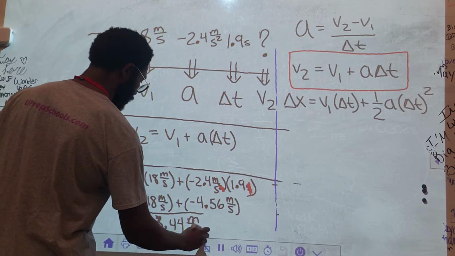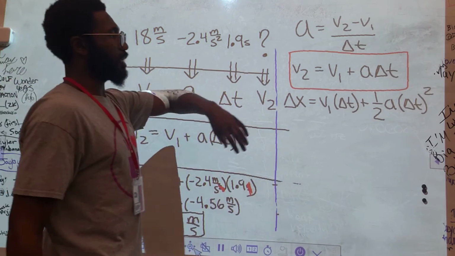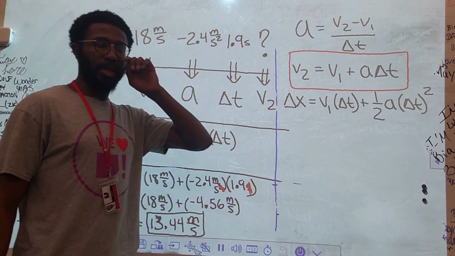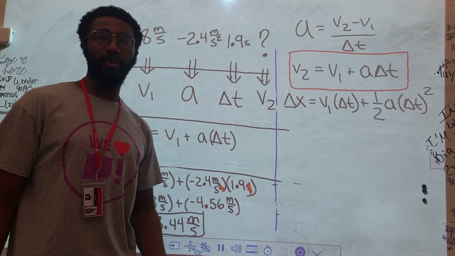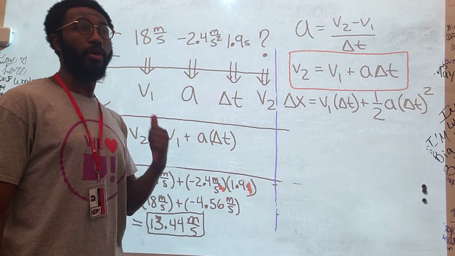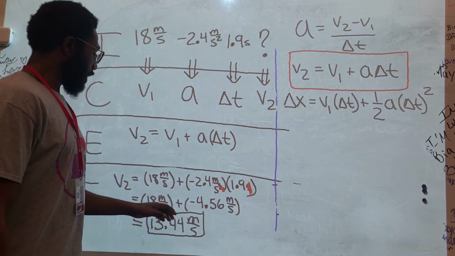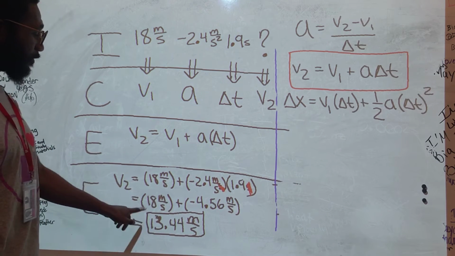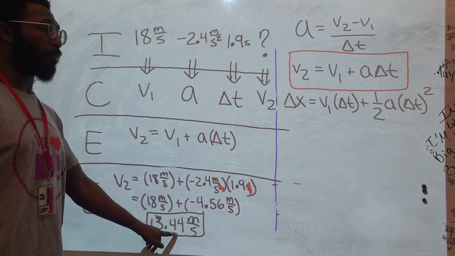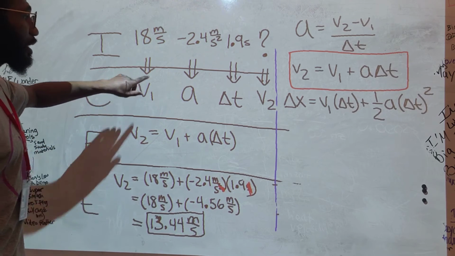Okay. Now, one thing I want to note about this, just like in the problem we did previously, I was telling you, sometimes your final velocity is actually slower than your initial velocity. You start off sometimes faster than you finish, okay? And here we see that our final velocity is 13.44. Our starting velocity was 18, okay?